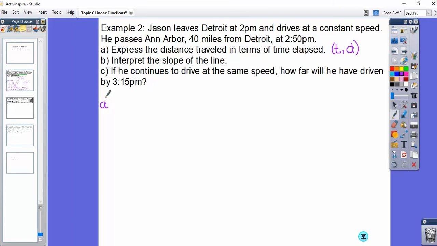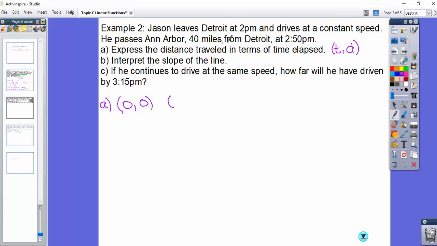So we need the equation, we need 2 points. At 2 p.m., that's like our beginning, so I'm just going to call that time 0. Then the distance at the beginning, it hasn't traveled anywhere, so it's a distance of 0. You can convert your time into hours or leave it in minutes.